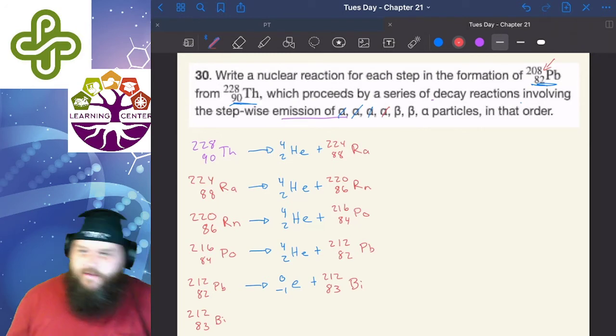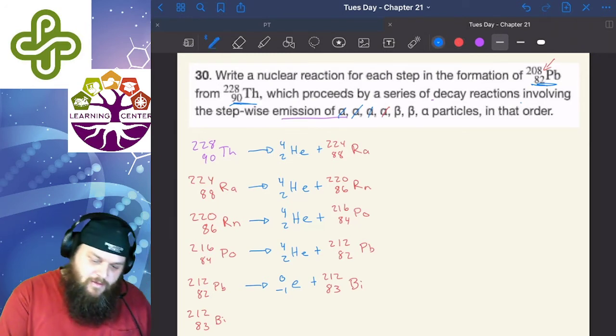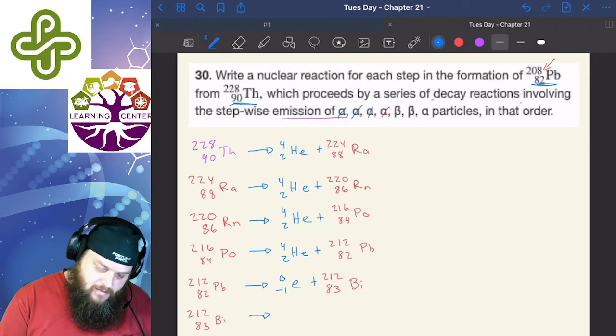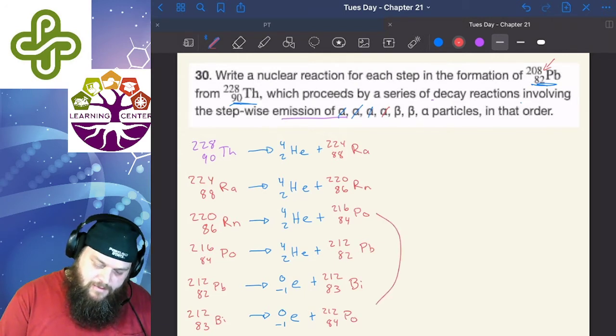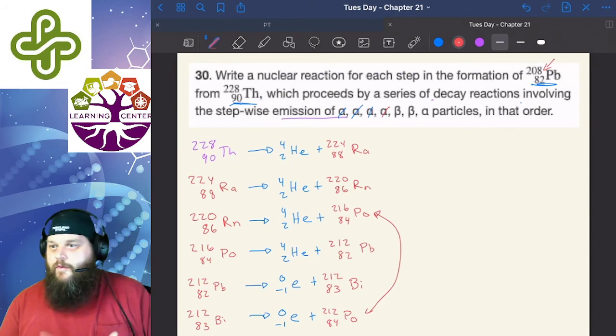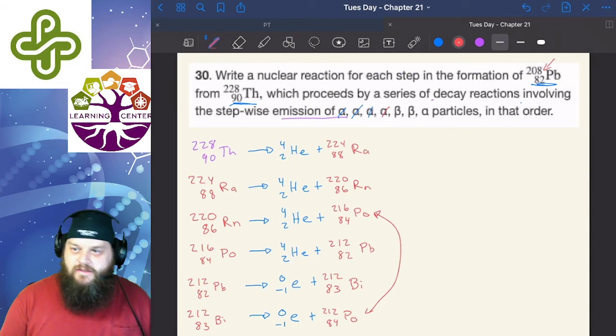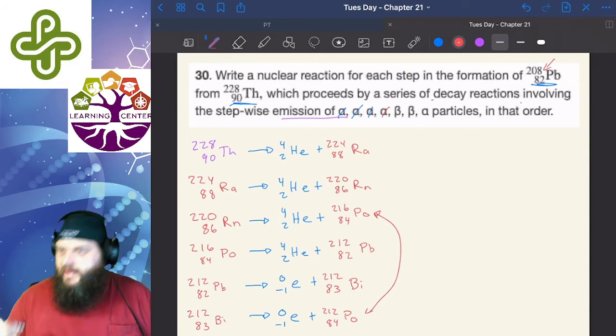So bismuth 212 is going to emit another beta particle. And then be back up to 212, 84, which is Po. But really the difference between these two steps is we have the same number of protons but fewer neutrons there. So it kind of had to drop back down and then it dropped back up.